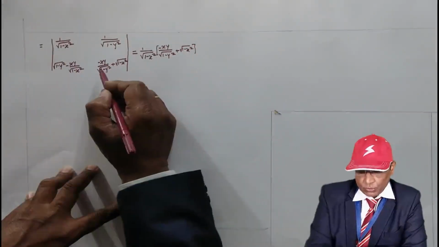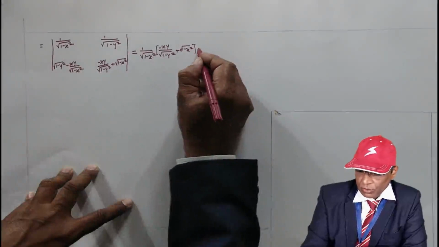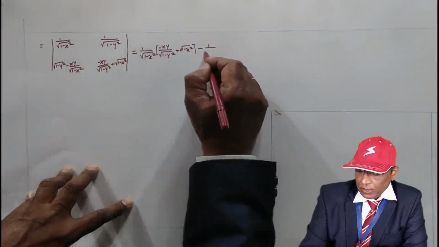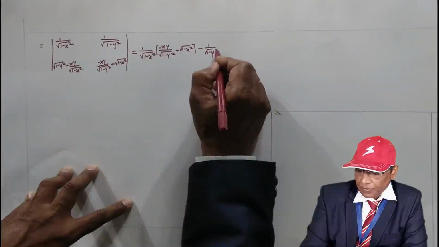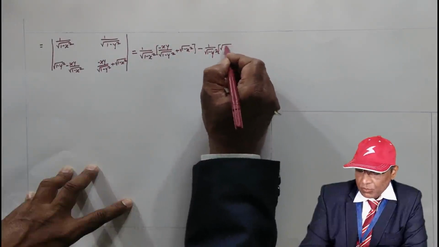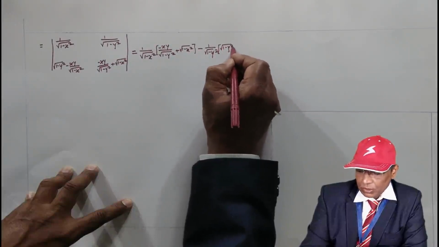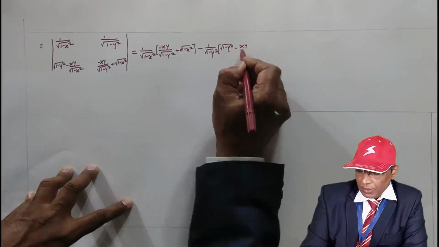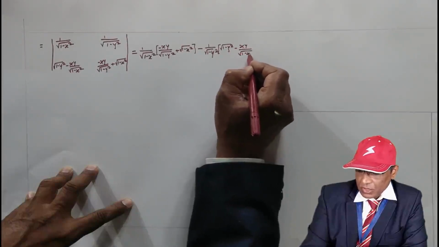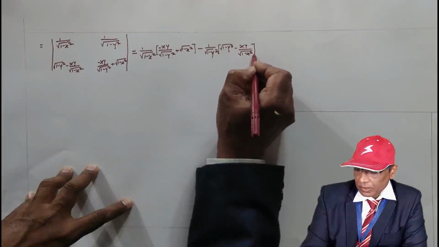These are the product of the diagonal elements. Now minus the product of the remaining two: 1 by under root 1 minus y square, multiplied by minus xy by under root 1 minus x square.